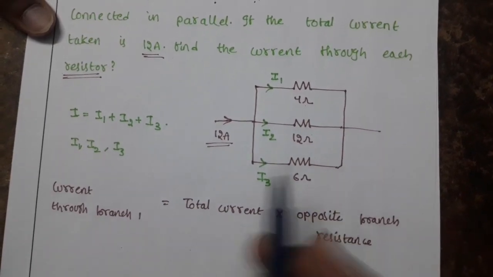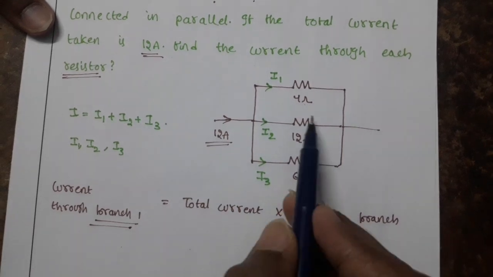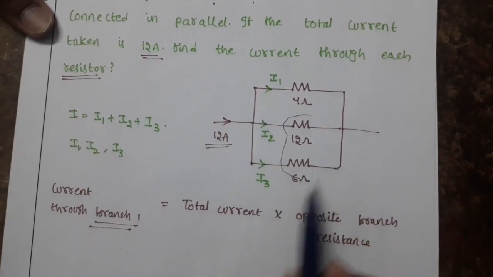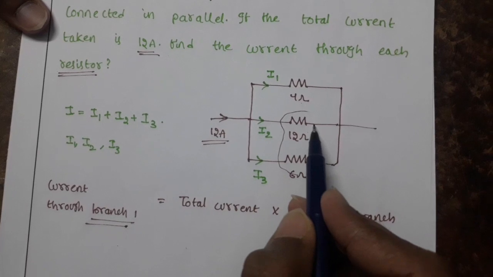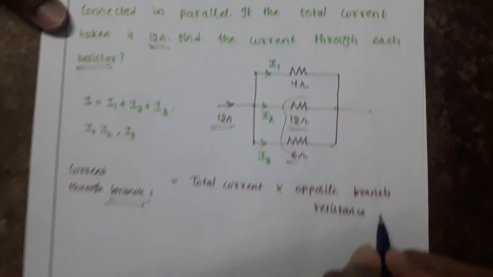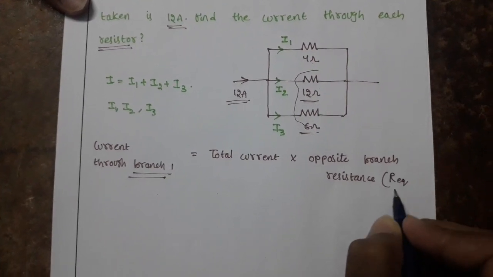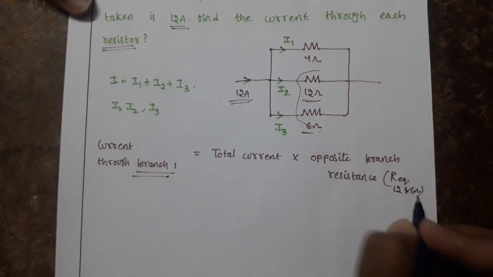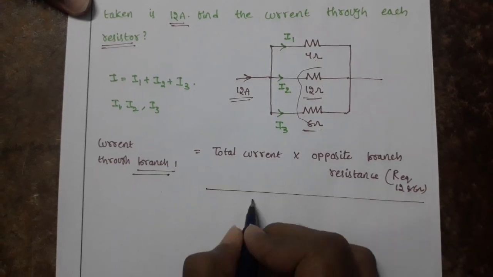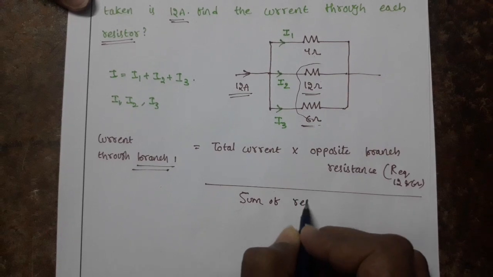We have to find the current through branch 1, so the opposite branch resistance is the 12 ohm and 6 ohm connected in parallel. So we have to take the R equivalent of 12 ohm and 6 ohm, divided by the sum of the resistances.